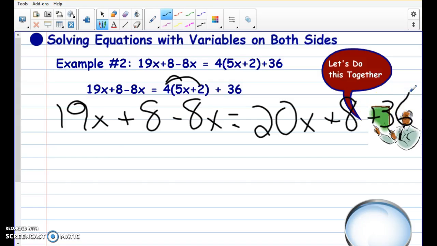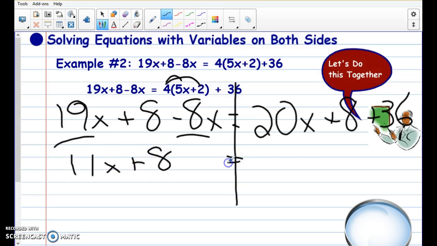Then I'm going to get all my like terms together, starting with the left side. I can combine a 19x and a minus 8x, so I'm left with 11x plus 8 equals, and on the right I can combine an 8 and a 36: 20x plus 44. Now the next step says to get the x's together.